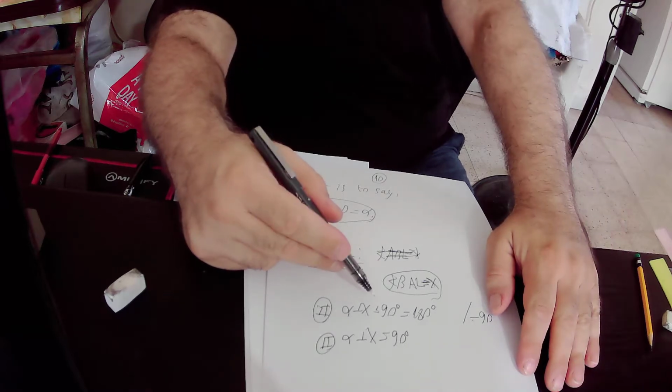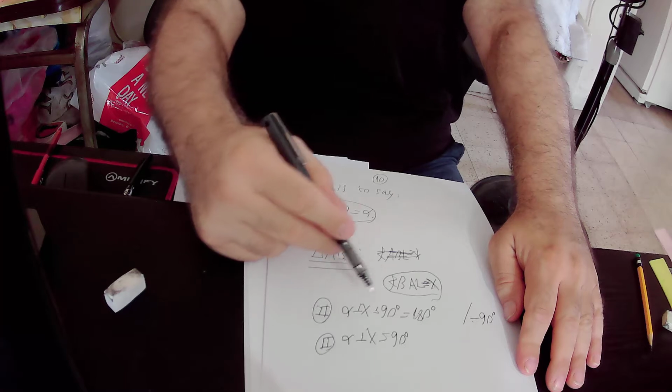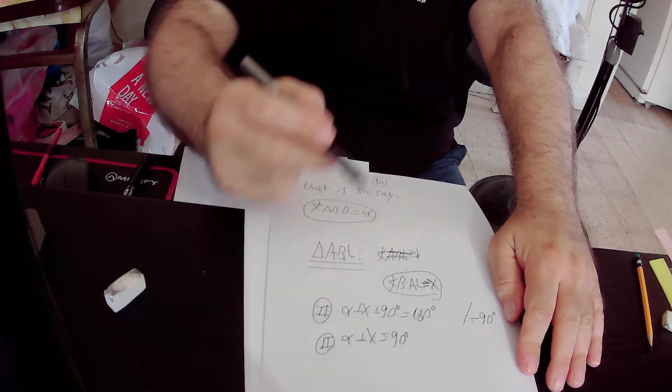Alpha plus x plus 90 degrees minus 90 degrees equals alpha plus x, and 180 degrees minus 90 degrees equals 90 degrees.